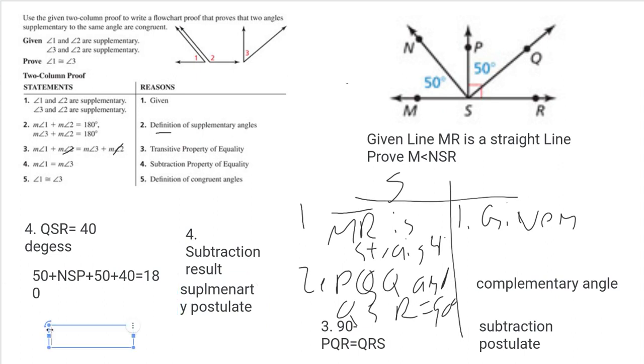And then finally, I can then say 180 degrees minus 50 minus 50 minus 40 will equal the measure of angle NSP, or 40 degrees.